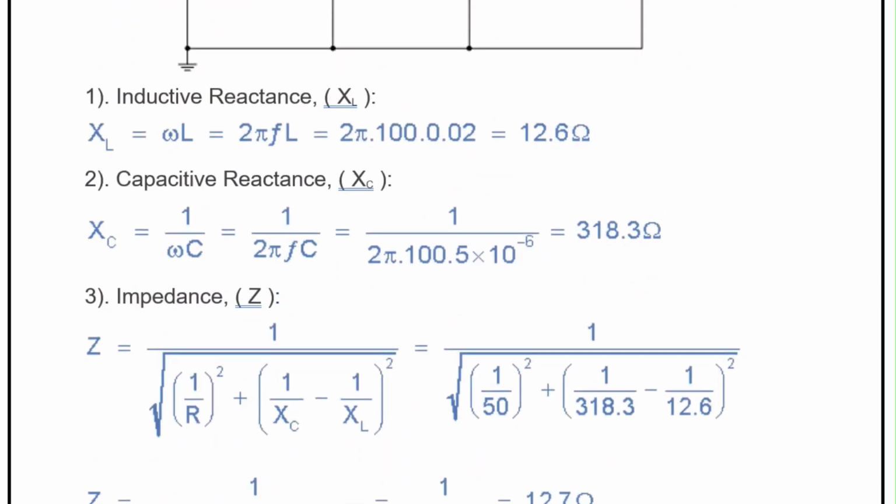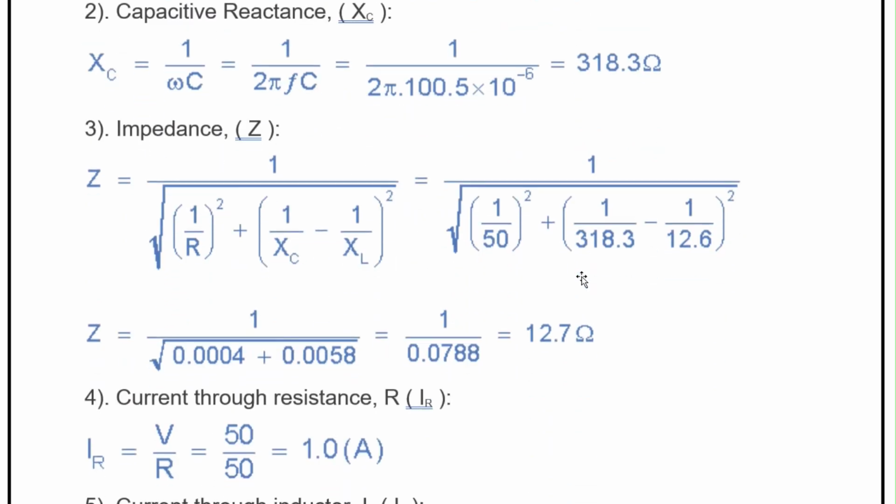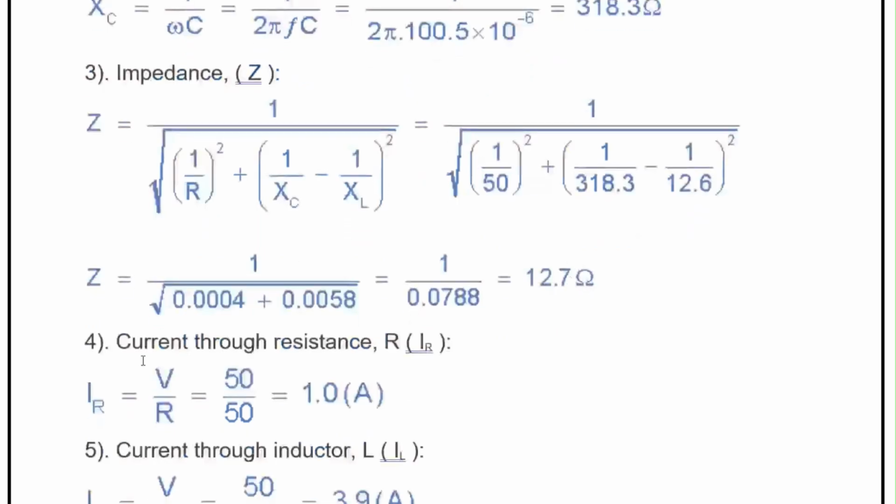Here XL will be calculated first, which is equal to omega L; substitute the values and you will get 12.6 ohm. Capacitive reactance XC is 1 upon omega C, equal to 1 by 2 pi FC. Substitute the values and you will get 318.3 ohms. Now calculate the impedance.